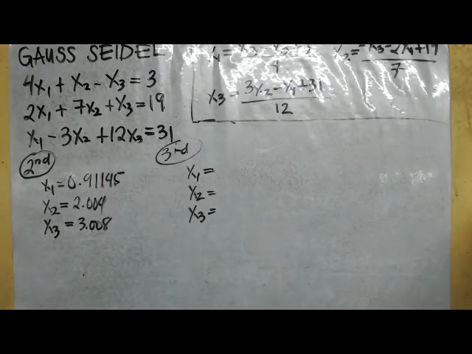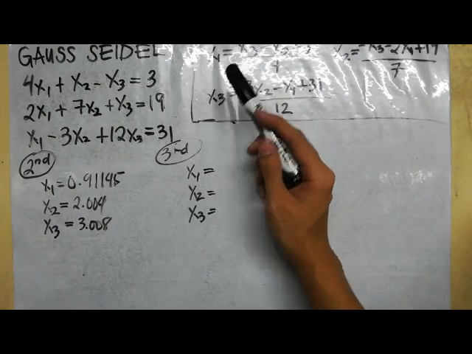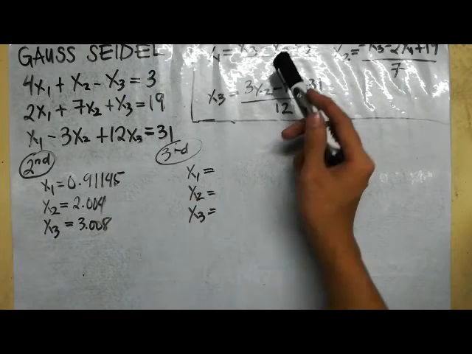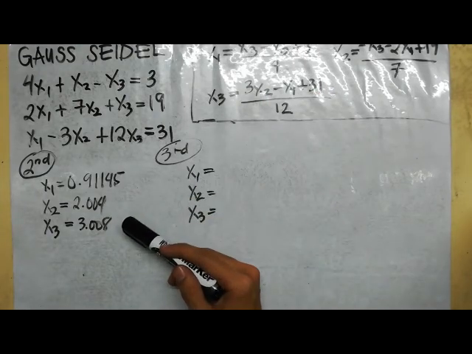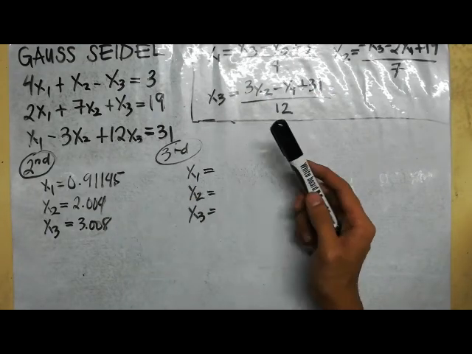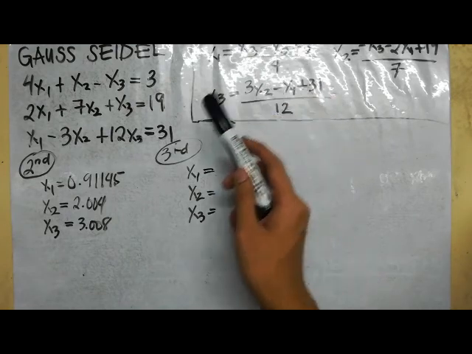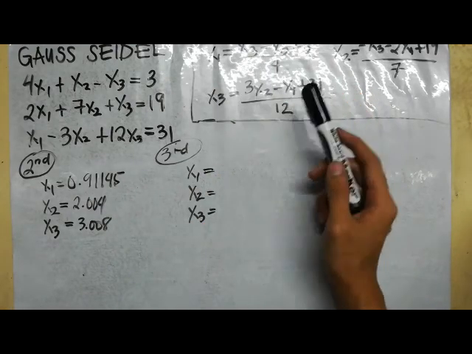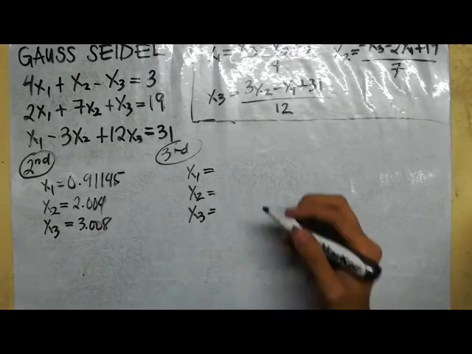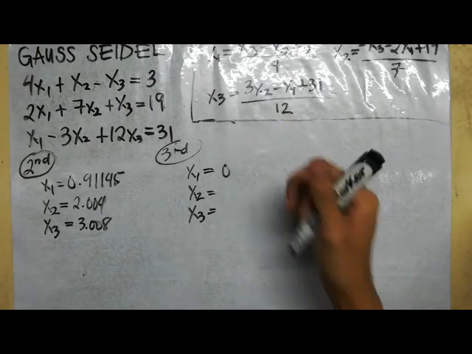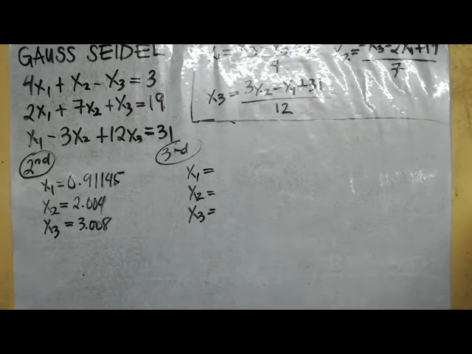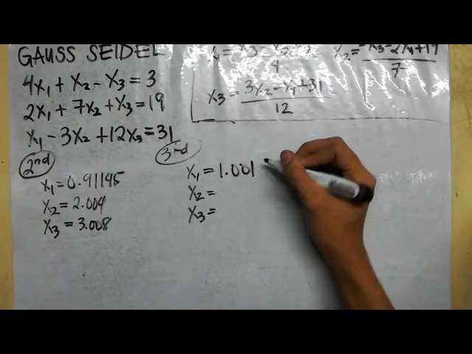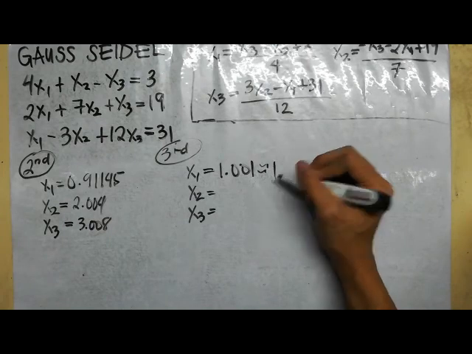So for our x sub 1, we will substitute x sub 3 here and x sub 2 here. So we have x sub 3, which is 3.008, minus x sub 2, which is 2.004, plus 3, all over 4. So we will get 1.001, or simply 1.